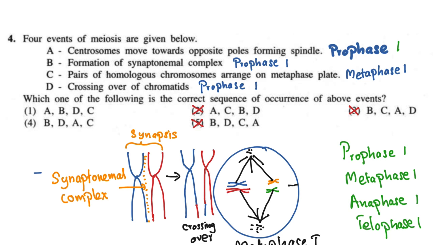So we can say synaptonemal complex formation occurs first and then the crossing over, and then after that centrosomes move towards opposite poles forming spindle. So the answer should be B first one, D second one, A third one, and C should be the last one. So B, D, A, C is answer number 4.